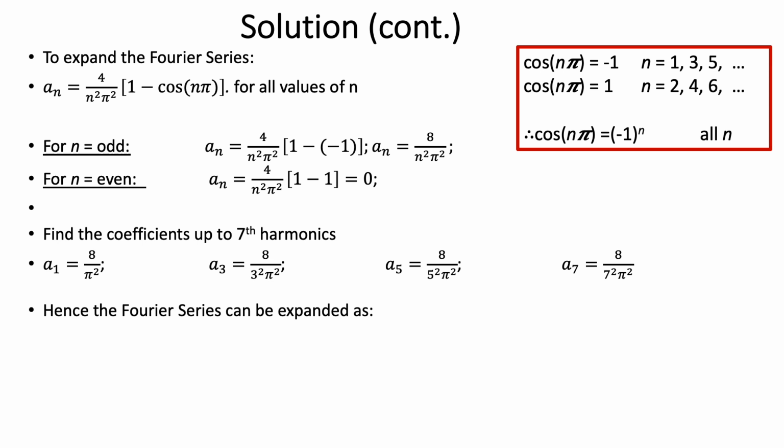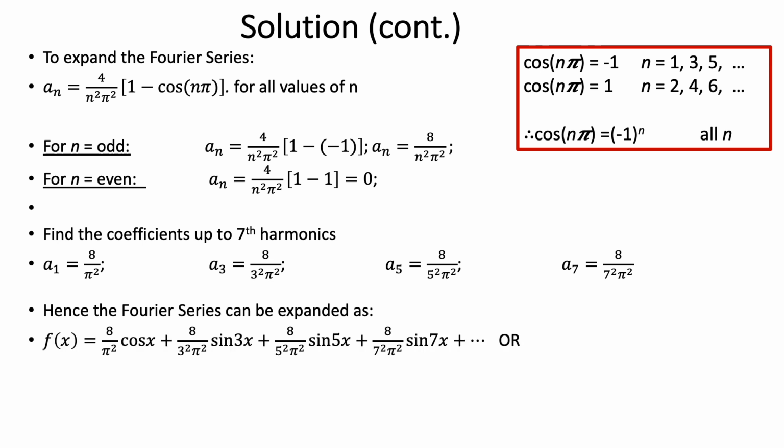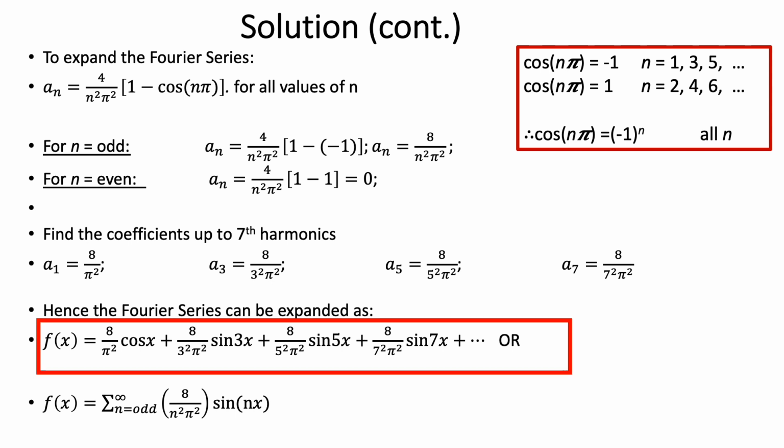Hence, the Fourier series can be expanded as f(x) equal 8 over pi square sin x plus 8 over 3 square pi square sin 3x plus 8 over 5 square pi square sin 5x plus 8 over 7 square pi square sin 7x plus triple dot, or f(x) equal summation of n equal to odd to infinity 8 over n square pi square sin nx.